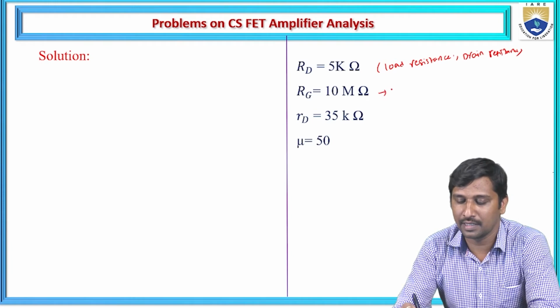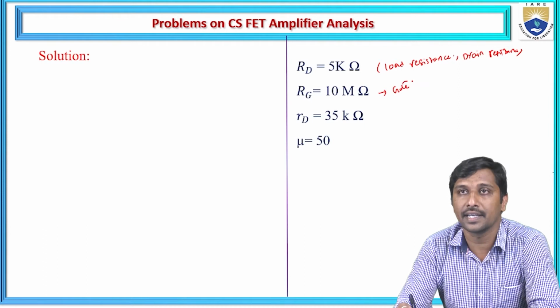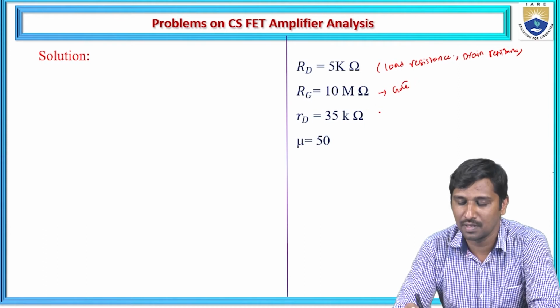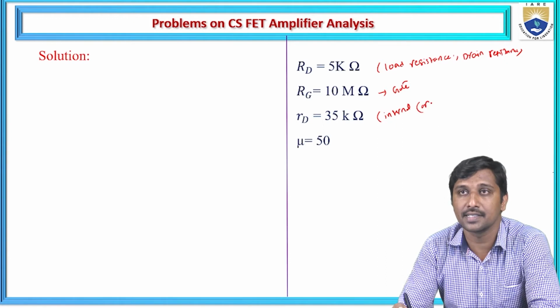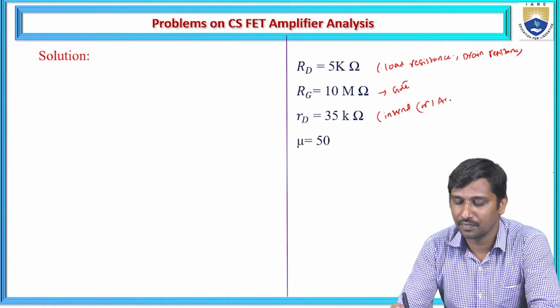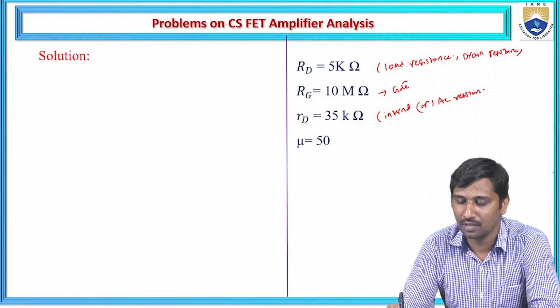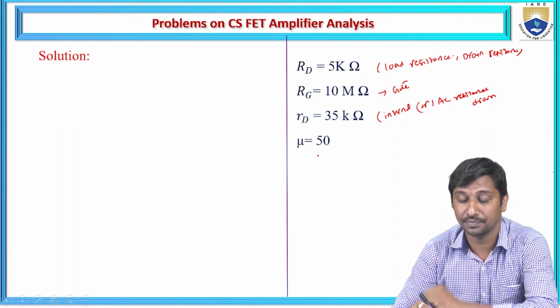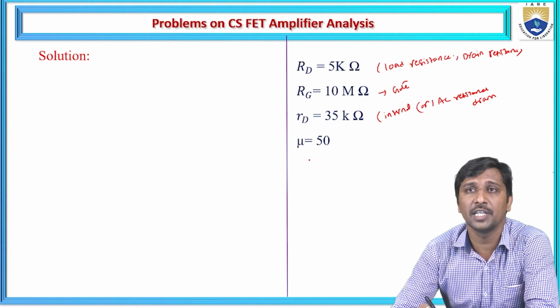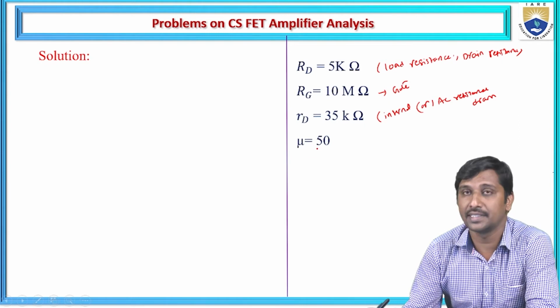The gate resistance connected across the gate side is 10 mega ohms, and the internal resistance, also called the AC drain resistance, is small rd. The amplification factor is 50. Based on that, we need to calculate the voltage gain.